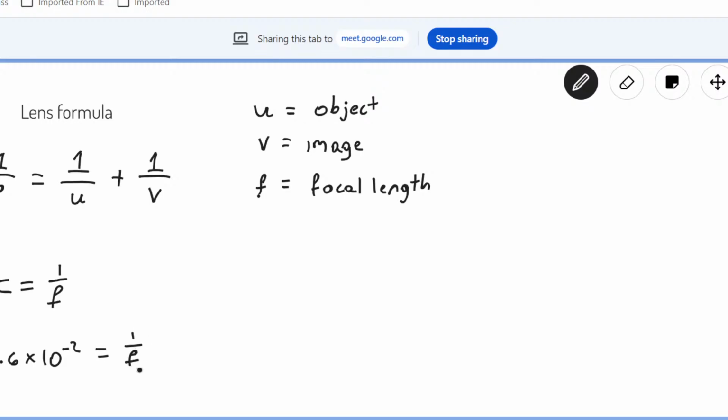Alright, so how would you determine the focal length? So that would mean f is equal to what? 1 over C. So f would be equal to 1 over C, so we'll do the inverse. Alright, so we can put that in our calculators now.